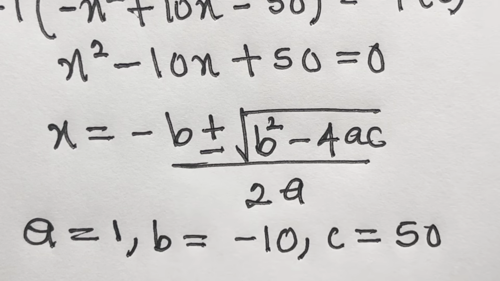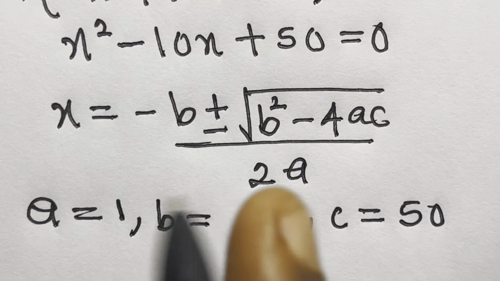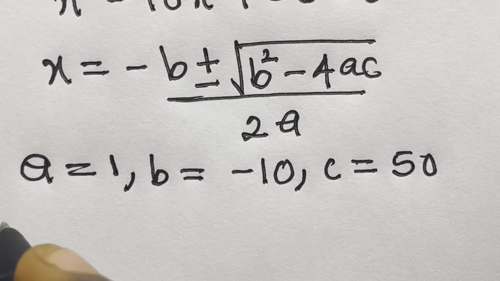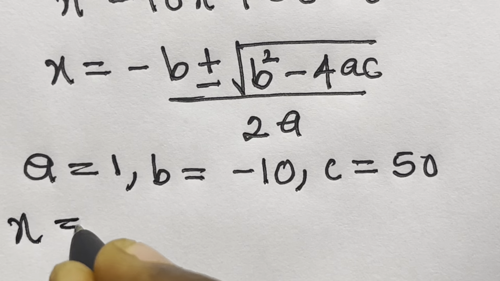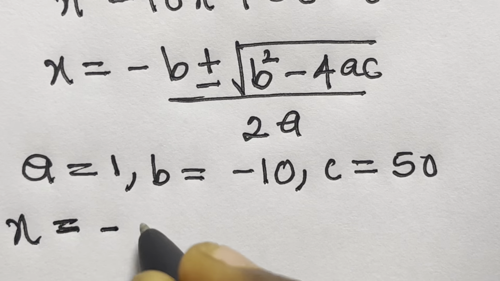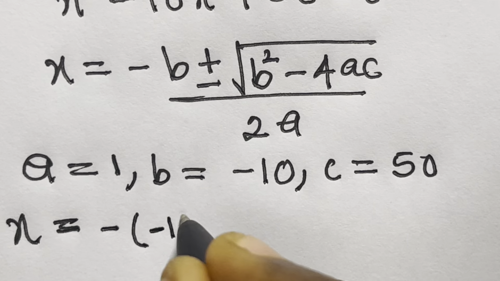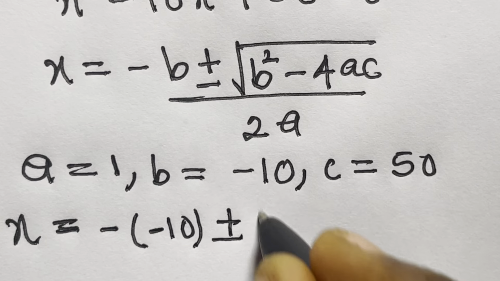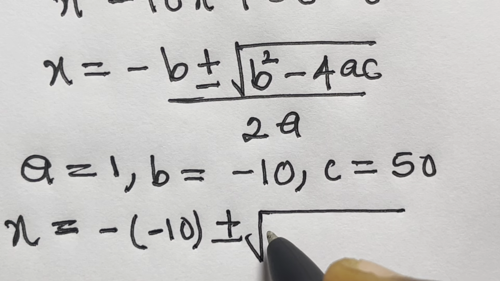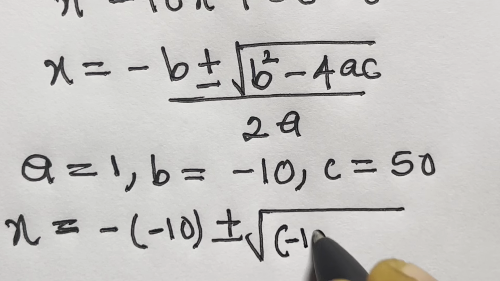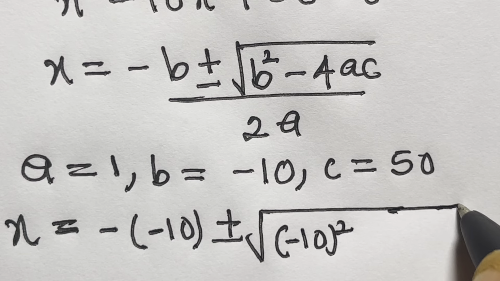Substituting these values into the quadratic formula, we have x equals minus, what's our b? Minus 10. We have plus or minus square root of b squared. Our b is minus 10, and we have it squared.